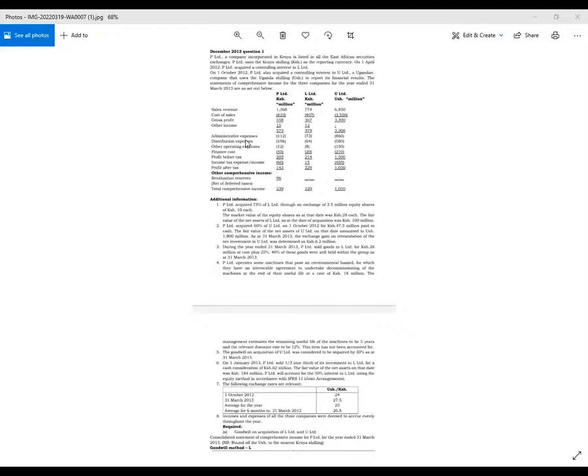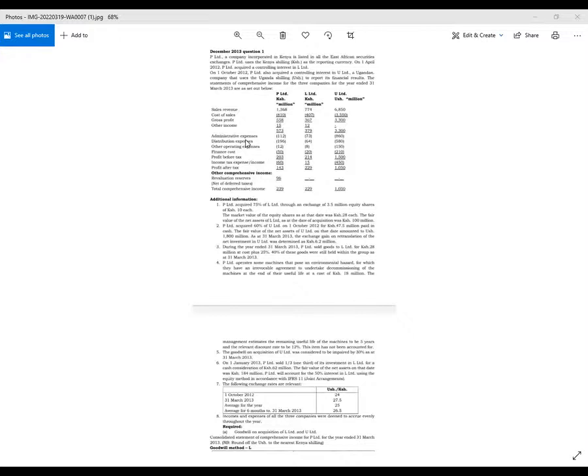Admin expenses: I can see 112 plus 73 times 9 over 12, not 6 but 9 over 12, plus the other Ugandan subsidiary whose figure I have rubbed out.